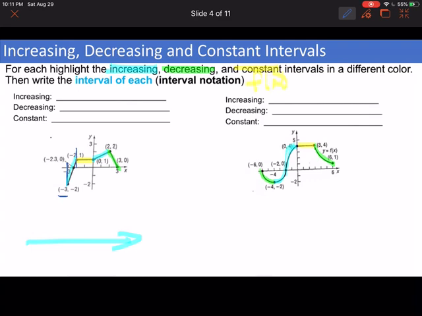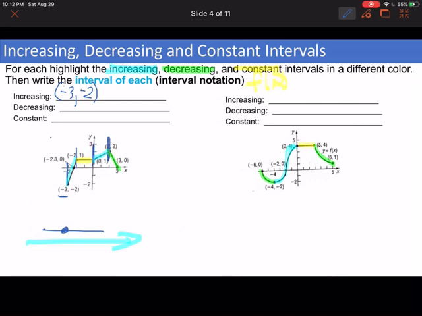So increasing, not a point, it's negative 3 to negative 2, and it's going to be parentheses. Because if I just had a plain point on a number line, is it increasing, decreasing, or constant? The answer is none of the above. It's only increasing and decreasing depending on the points before it and after it. Since there are none, a single point doesn't do anything.